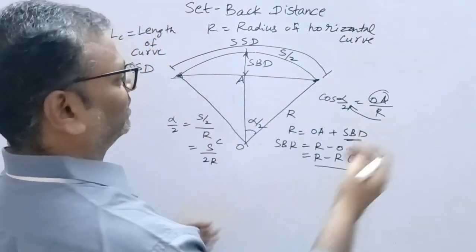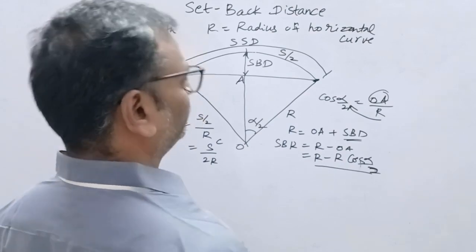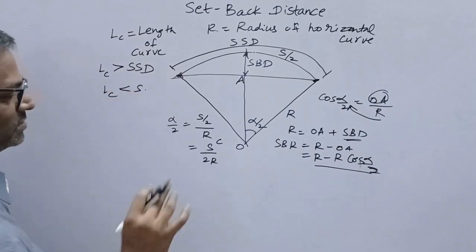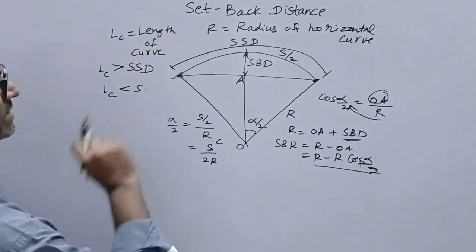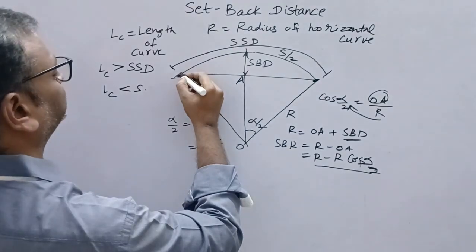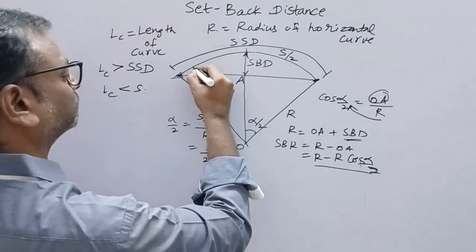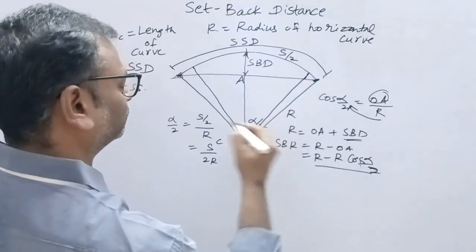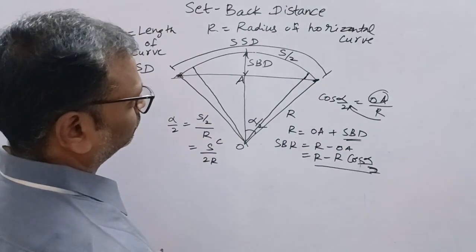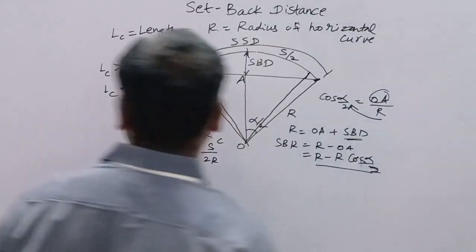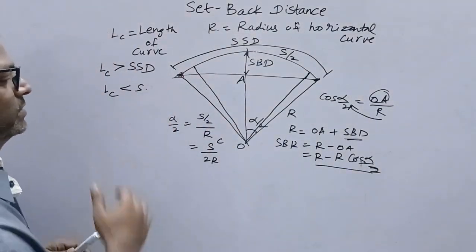What happens if the number of lanes is increased, or if the length of curve is less than the stopping sight distance? Suppose the length of curve is less than the stopping sight distance.